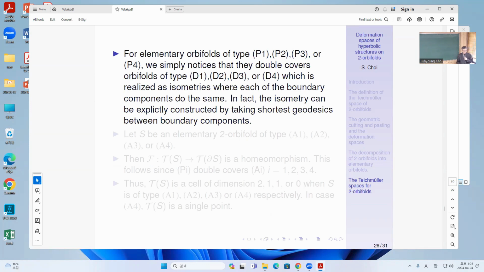So it's a double cover. So this involution will be realized as an isometry because you can use Kirchhoff's theorem to do that, or you can explicitly show that they're actually isometries. If you use the shortest geodesics, then for pairs of pants, because the lengths are the same, you can see that they're isometric. And then for T2 you can also do similar things, so you can see that these involutions are actually isometries.